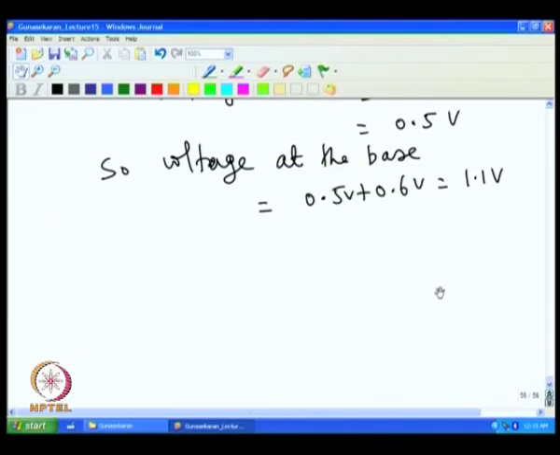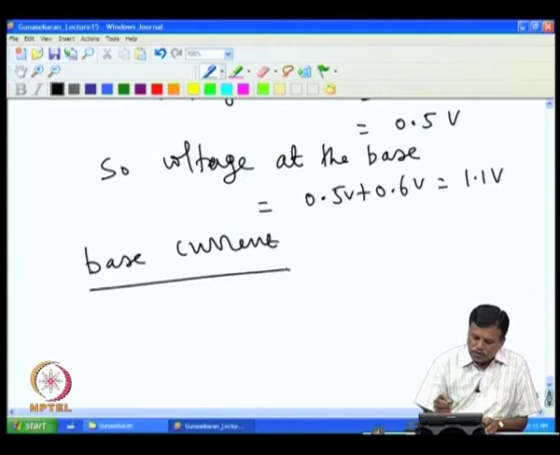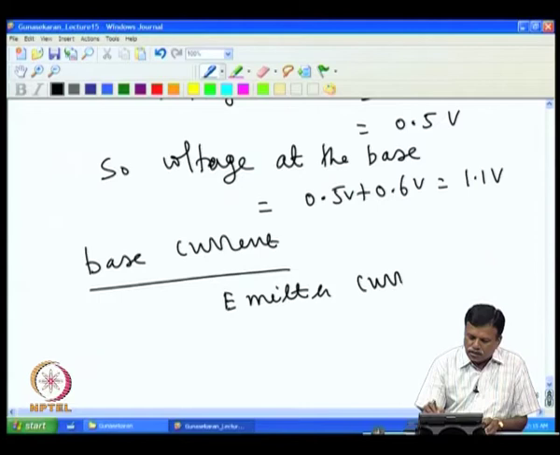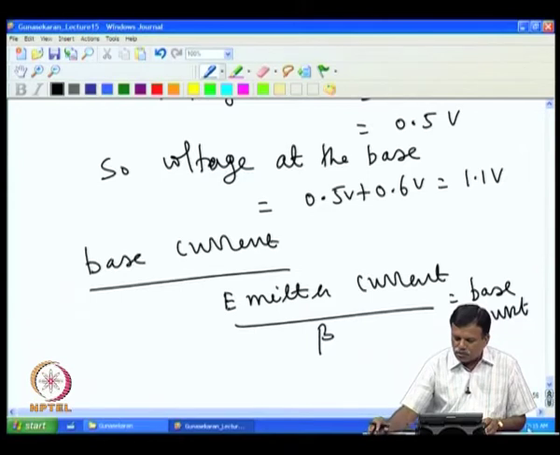So, to find the base current, the emitter current divided by beta of the transistor is the base current.